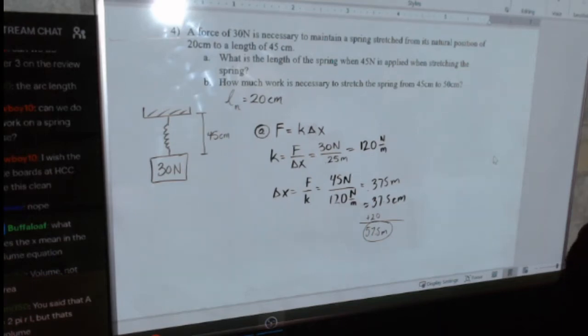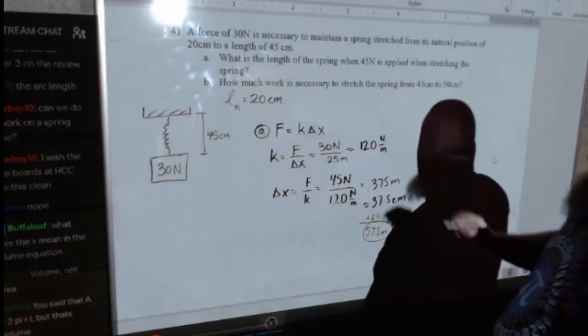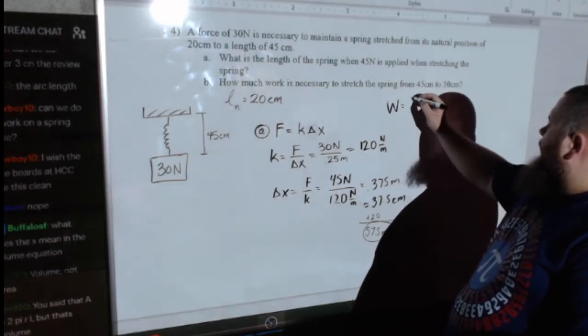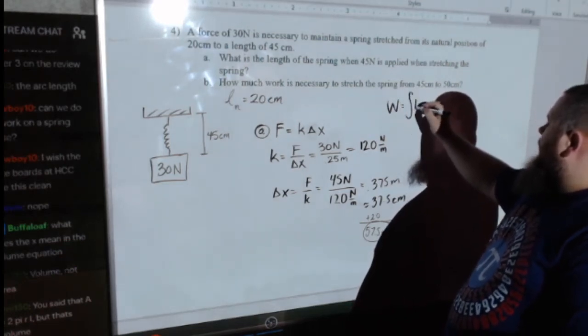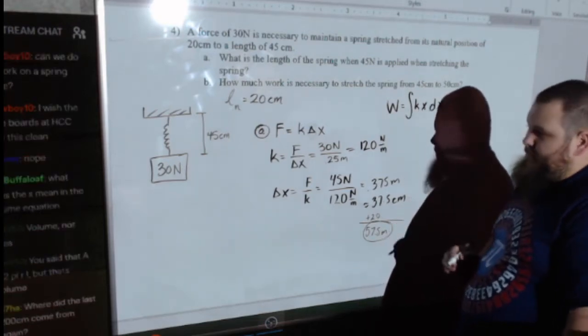We then need to do how much work is necessary to stretch from 45, excuse me, to 50 centimeters. So work is equal to the integral of kx with respect to x.